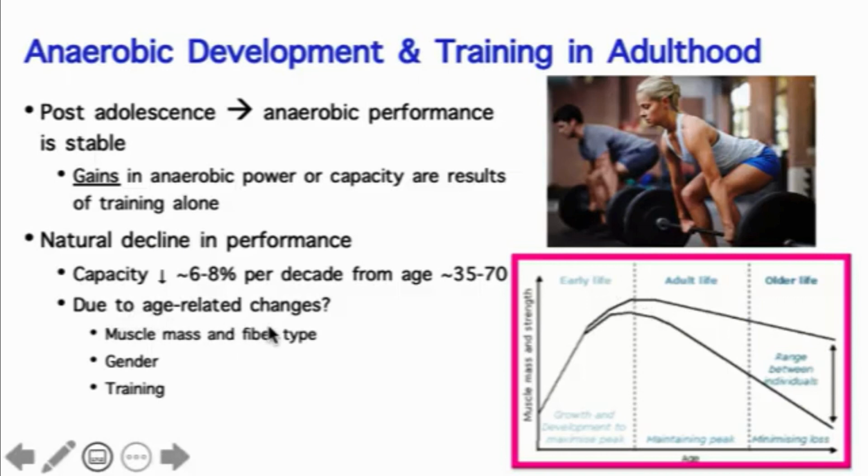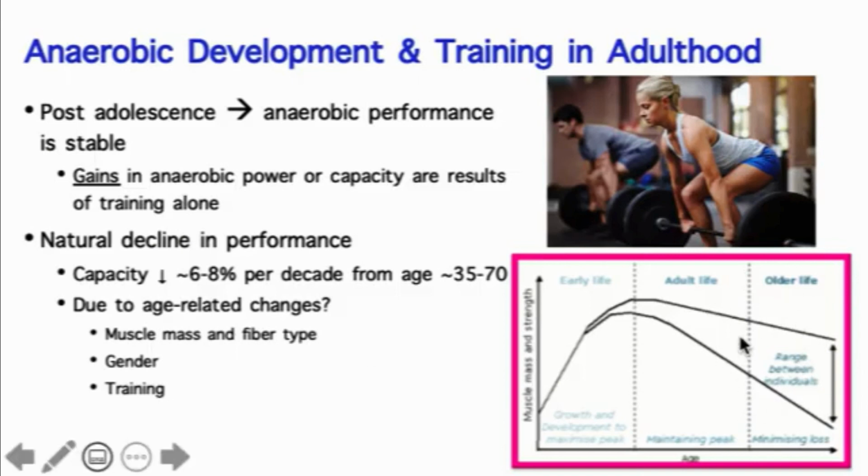These declines could be age-related. So, like I said, if we're not moving with age, obviously, right? They could be due to changes in muscle mass or fiber type as a result of aging. I actually don't know if this is research based or not, but I don't know if deterioration of certain muscle fiber types happens. If anything, I would think that type 2 muscle fibers deteriorate at a faster rate than type 1.